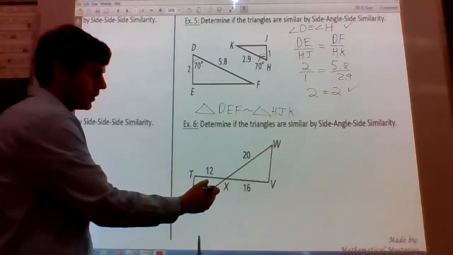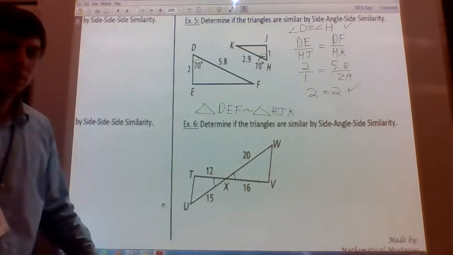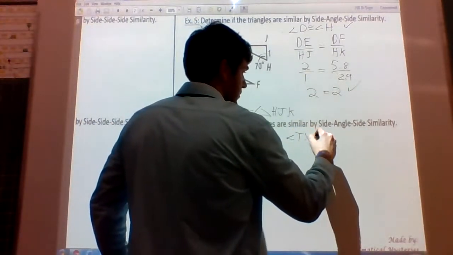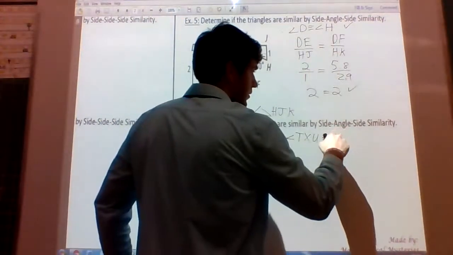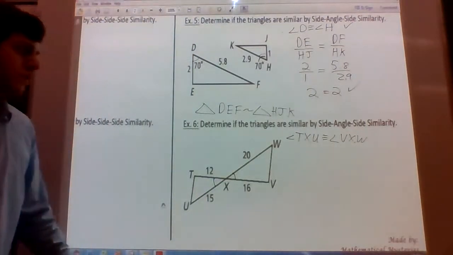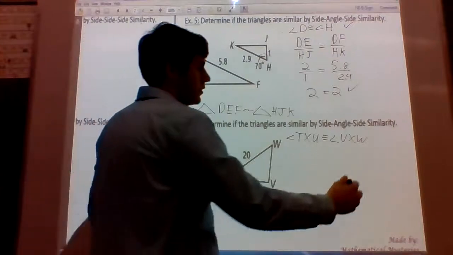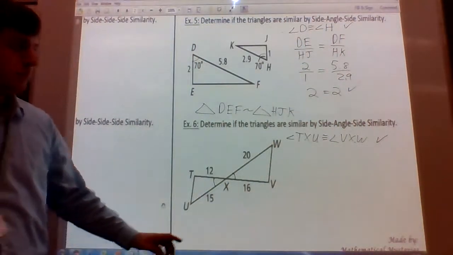Well, we have vertical angles, and we know vertical angles are always congruent in all situations. So angle TXU is congruent to angle VXW. Since those angles are congruent, that satisfies our first condition, which is the angle part.